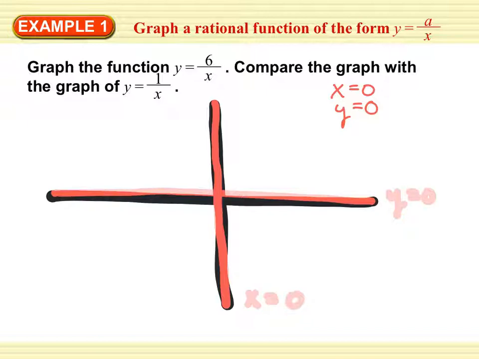I don't want to still be in red, sorry. There we go. I'm just going to plot a few points. Let's see, -3, -2, 2, and 3. If I plug -3 in, I get -2.